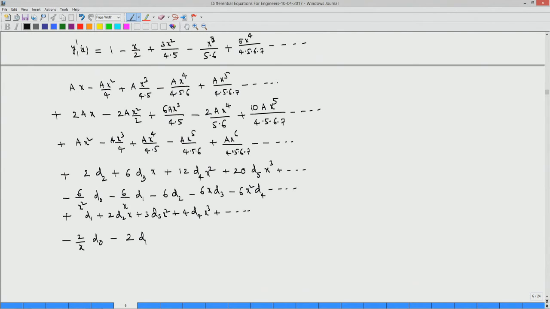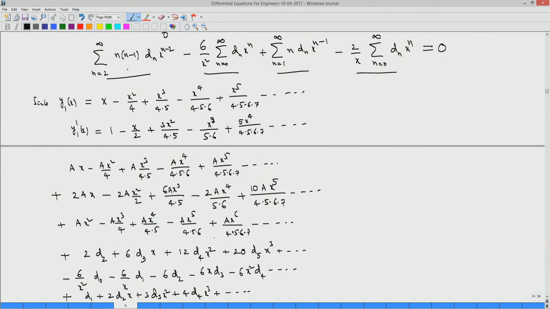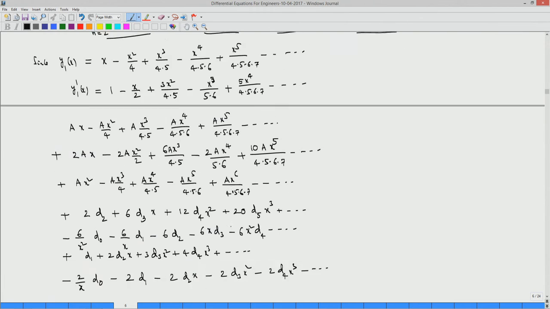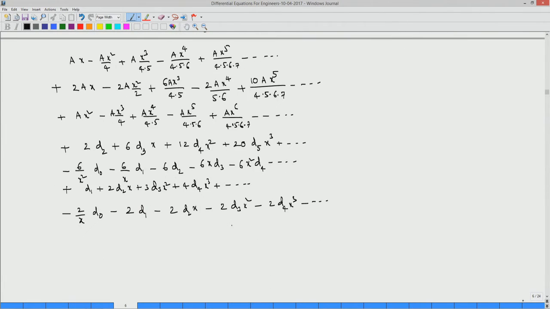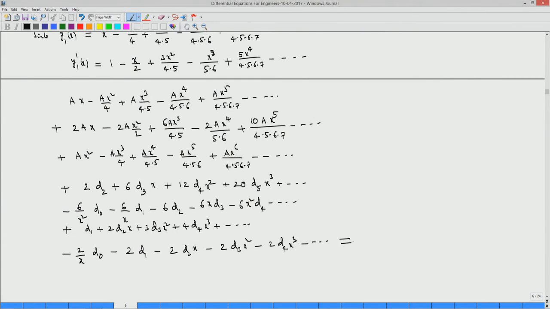So you have minus 2 d1, then minus 2 by x d2 x square, that is going to be x, minus 2 d2 x, then minus 2 d3 x square, minus 2 d4 x cube and so on. And n equal to 4, you have minus 2 by x d4 x power 4, so that x and x go, x cube, and so on. So this is what I replaced; I expanded all the series, and this is actually equal to 0.